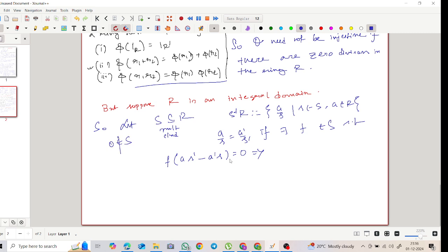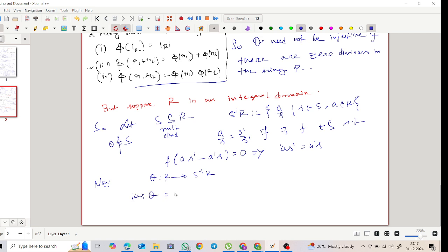This is another assumption. So this implies what? Since it is an integral domain, we have a s' equals a' s, right? So for an integral domain we have this. Now what about the map from R to S inverse R?